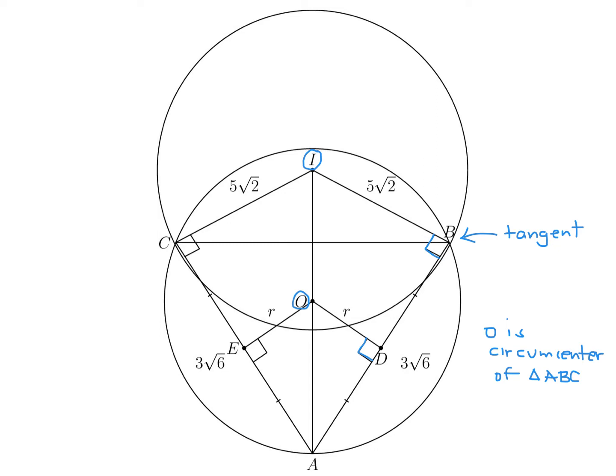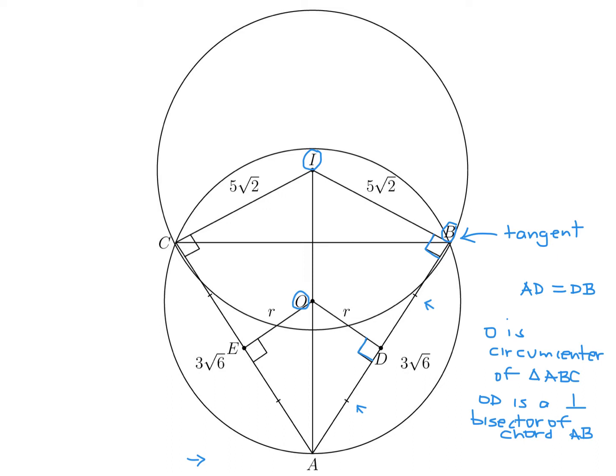This is a chord from B to A, and this line connecting O to D is a perpendicular. OD is a perpendicular bisector of chord AB. Because it's a perpendicular bisector, it cuts it in half, and that's why we have these symbols to show that A to D is equal to D to B. Okay, so those things have to be explained.